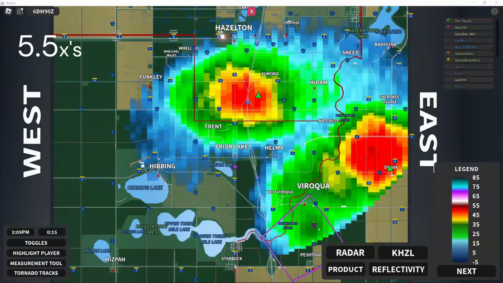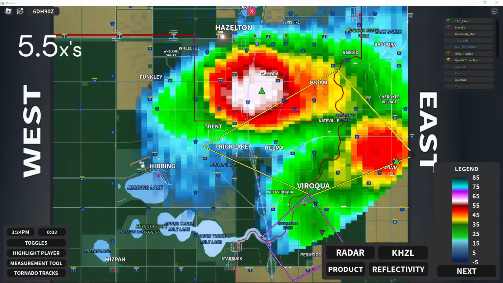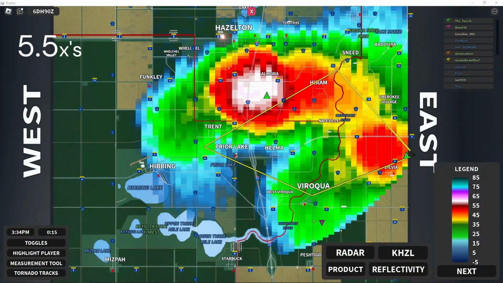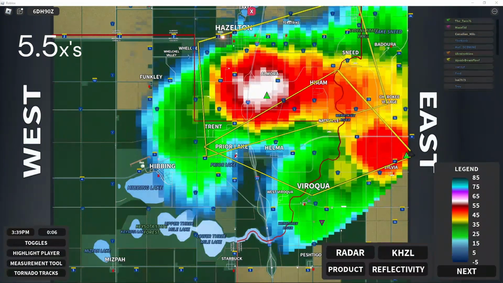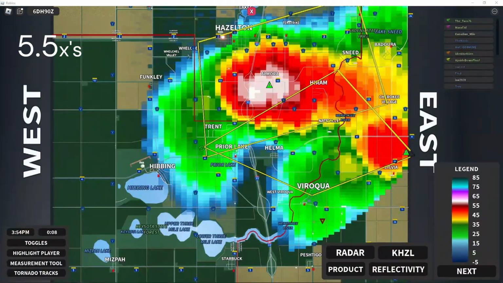It's really cool. With radars, we can see which way parts of the storm are going, and how fast they're going to or away from you. With the Doppler effect, we can only see if it's going towards or away from us. That's one of the downsides.